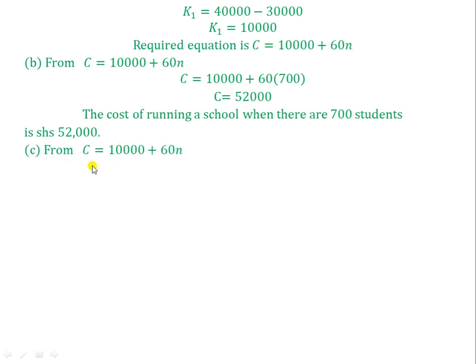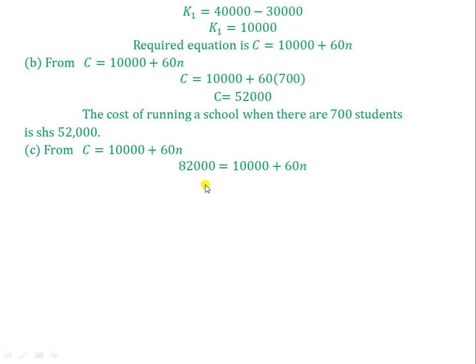Let's look at part C. Part C, they wanted us to find out how many students would be catered for if the amount available was 82,000. So it means our value of C is 82,000, and so we substitute again in the very equation that we obtained. If this is 82,000, we shall have it as 10,000 plus 60N.